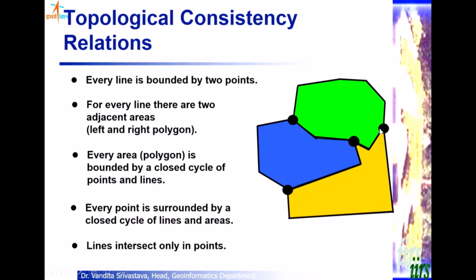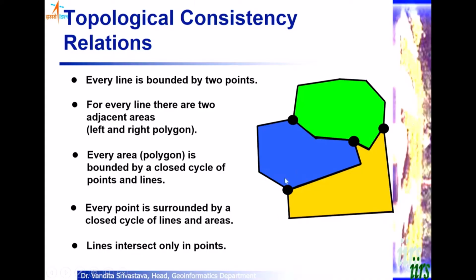This is another line. So a line is bounded by two nodes, that is the end and beginning node. It intersects only at points, and these points are nodes actually, and these are vertices. These are also points, but these are vertices which define the shape of the feature. Like this particular line has got 1, 2, 3, 4 vertices, but two nodes plus 4 vertices, total 6 points.